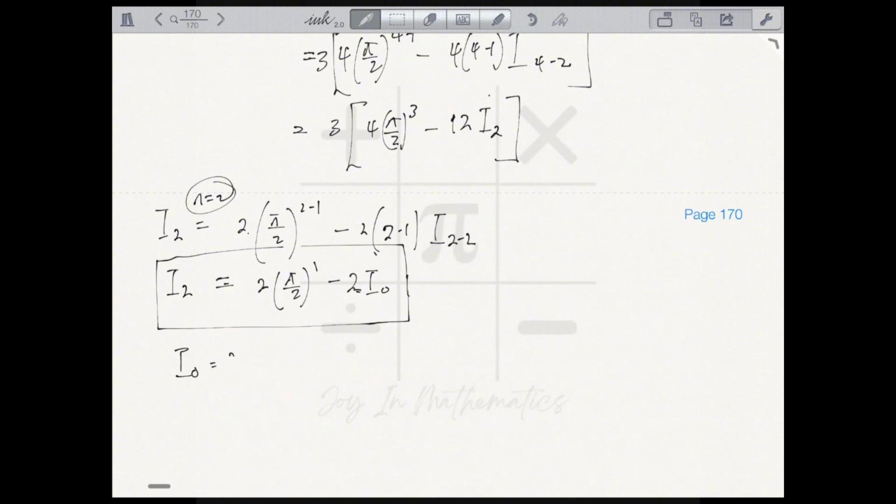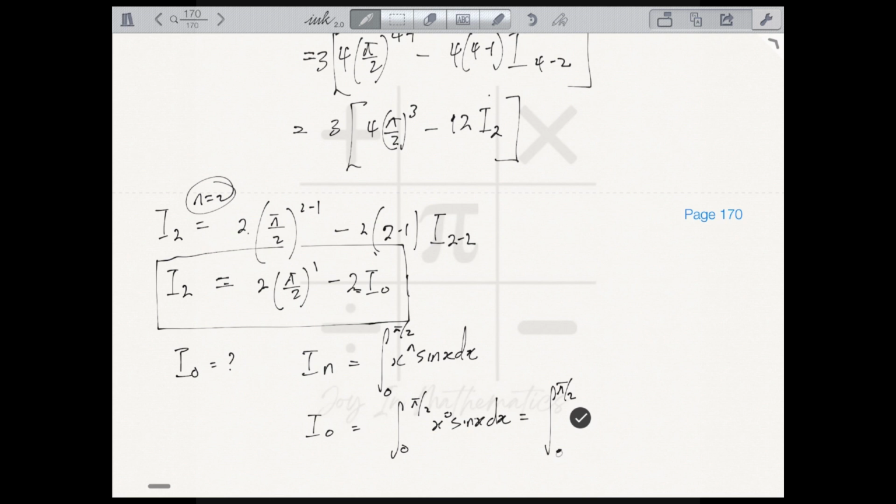So I naught is what? We know that In is the integral of x raised to power n sine x dx from 0 to pi over 2. So now let's make our substitution of n equals 0. So I naught is the integral from 0 to pi over 2 of x raised to power 0 sine x dx. So this is the integral from 0 to pi over 2 of sine x, because x raised to power 0 is 1, dx.